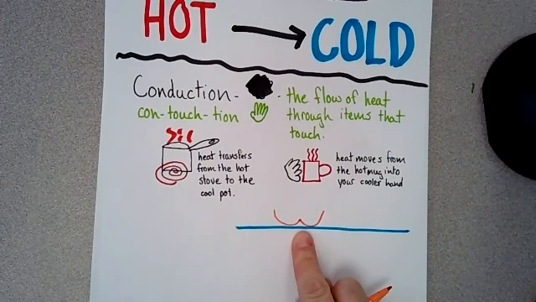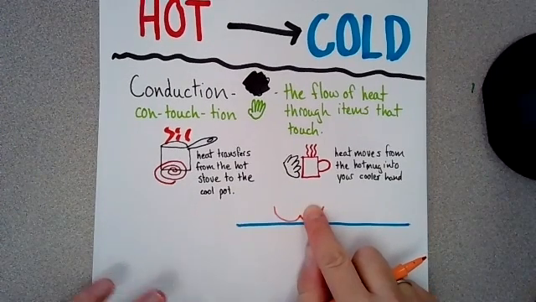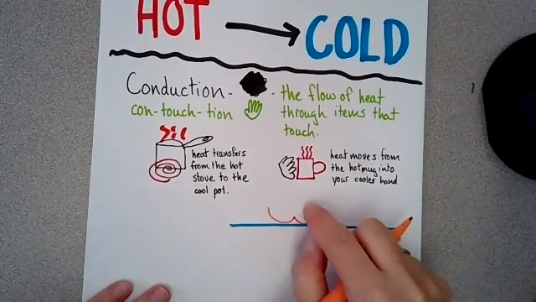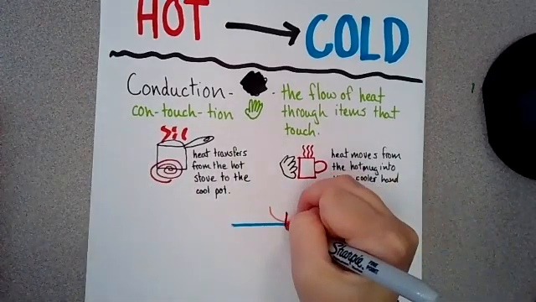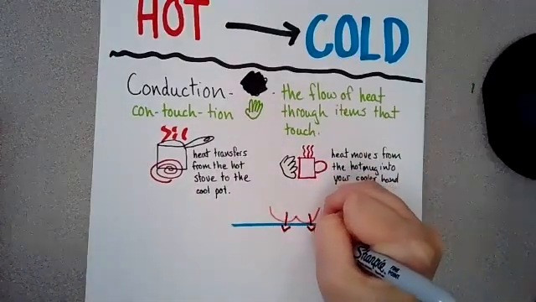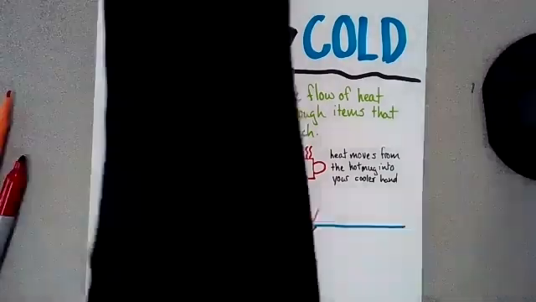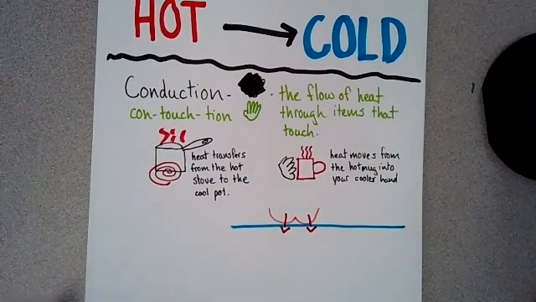A lot of kids think that if you put your booty on the cold ice, the ice is freezing your butt. But what is happening is the heat is actually traveling out of your booty. The heat travels out, not the cold travels in. So you can write that the heat transfers out of your booty.